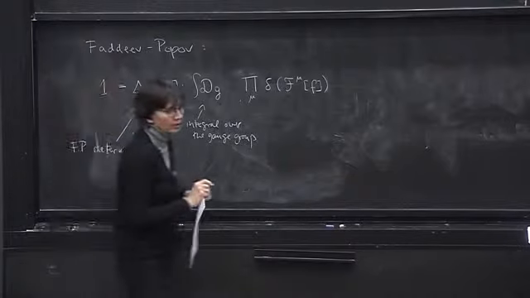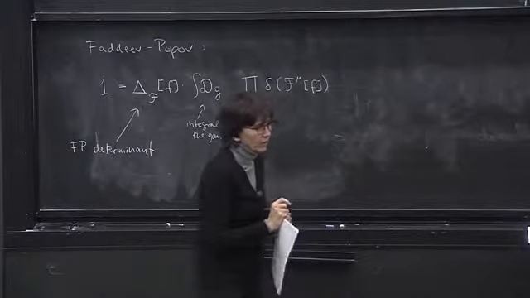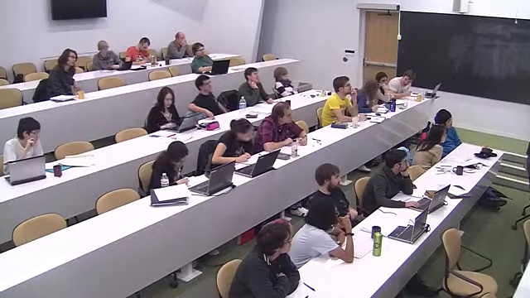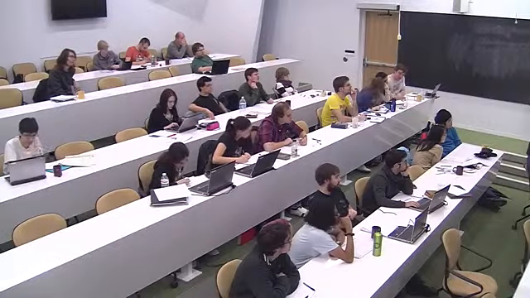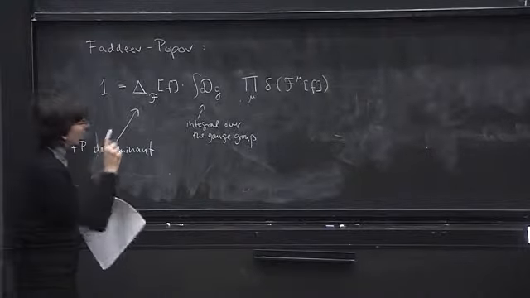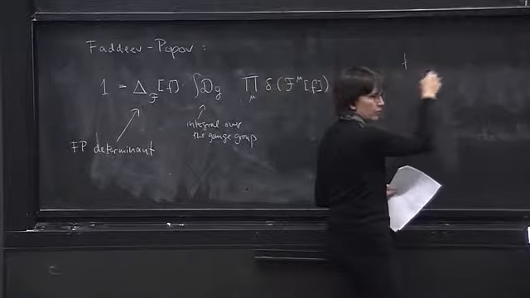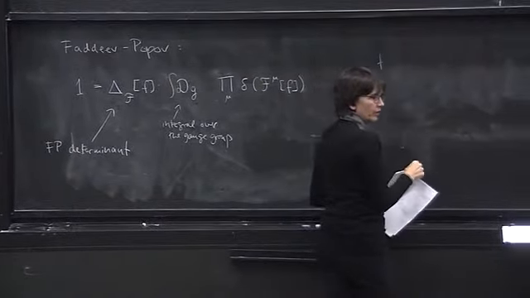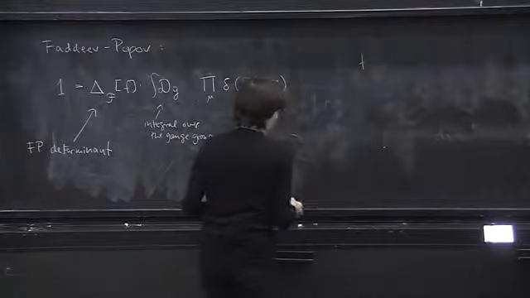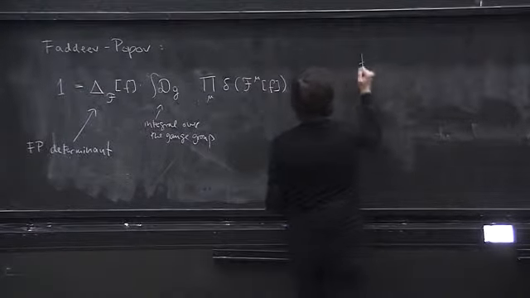Yes? In this case, or? It's a linearized diffeomorphism. So I think we had the transformation law. I mean, I think we had it on the blackboard as a function of epsilons. Yeah, so that's what it is, because it's infinite dimensional.